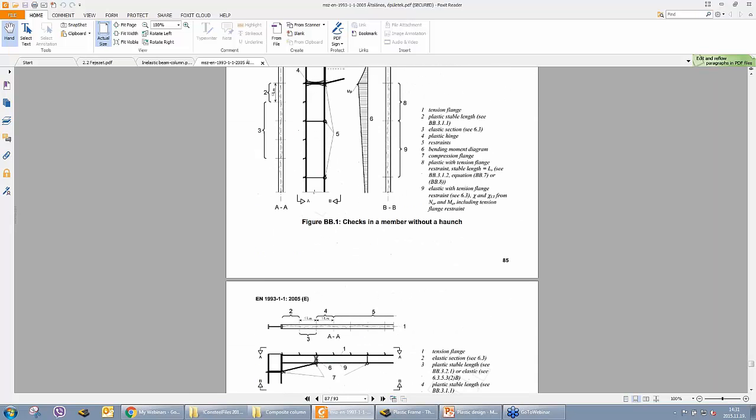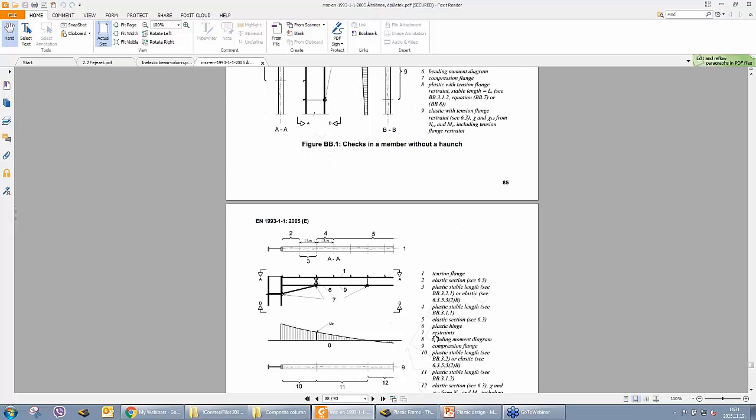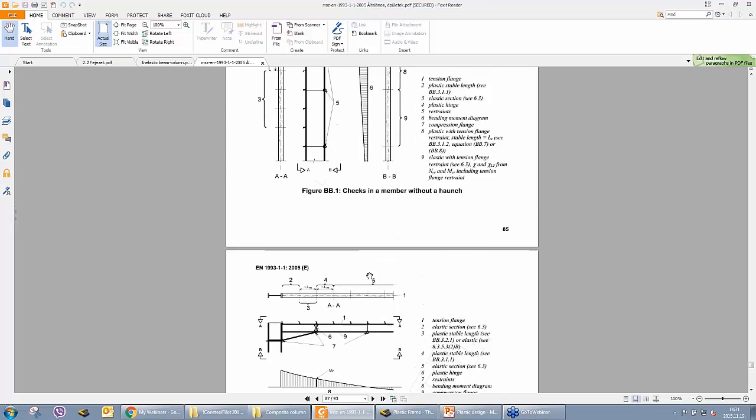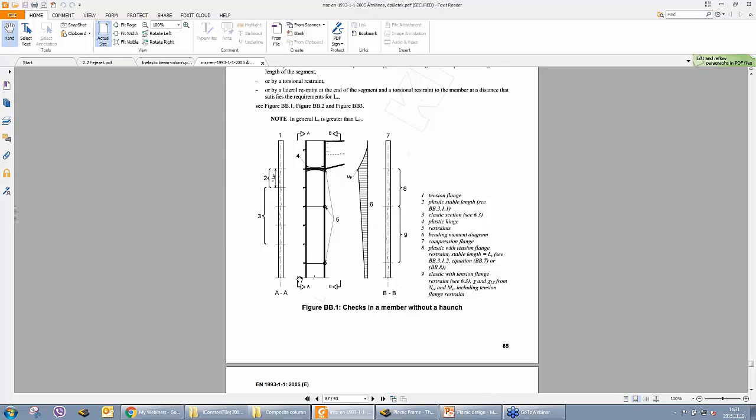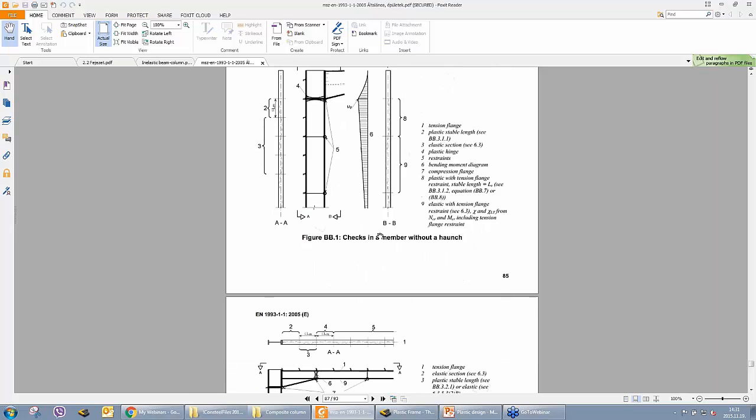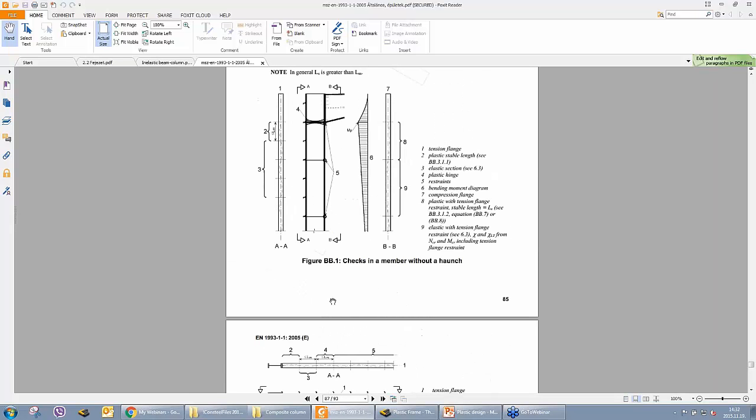We have, for example, a structure like this. This is the beam or column. This is quite similar to what I built in ConSteel. And we have lateral restraints provided by the side rails in this column or purlins on the beam. So these are lateral restraints, but at the tension flange only.